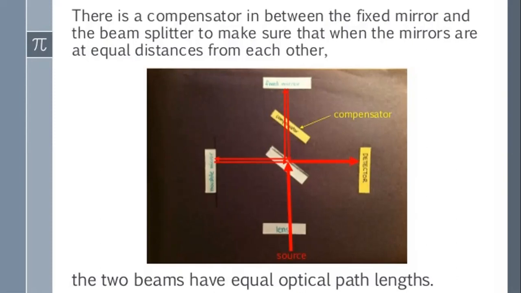So we are going to adjust these mirrors to be at equal distances, and the two beams have equal optical path lengths.